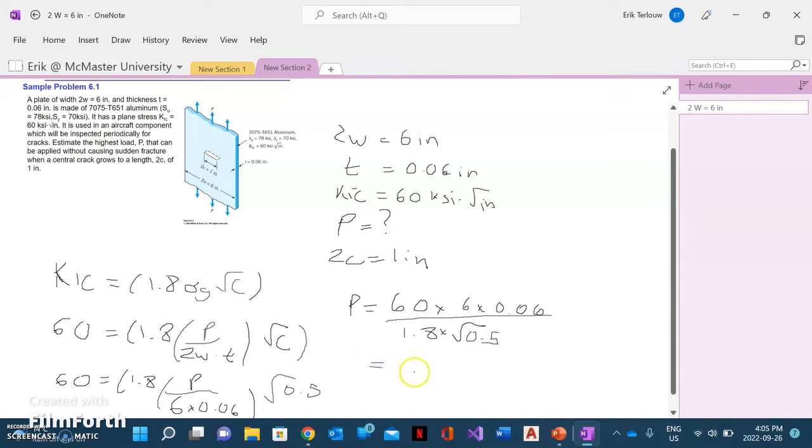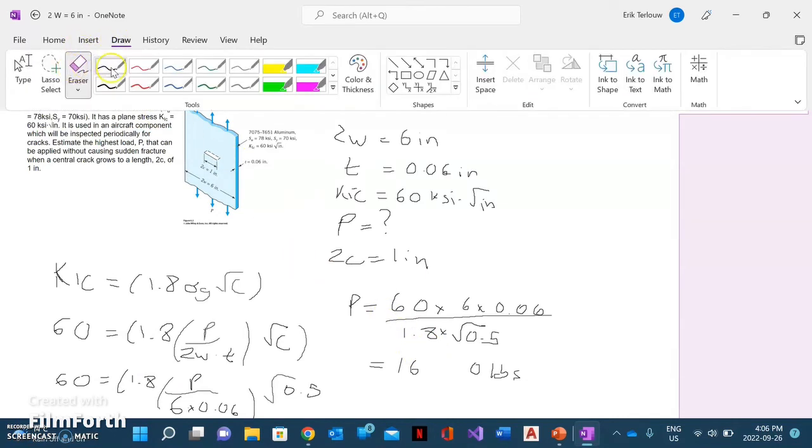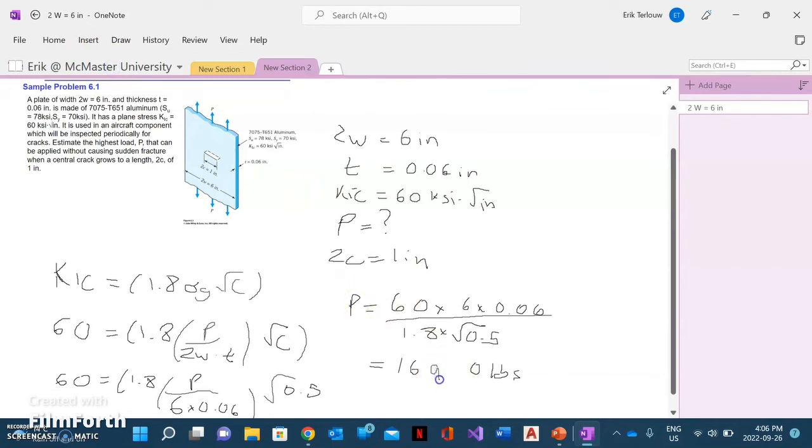Plug that in your calculator and you should get around 16,790 pounds. Sorry, it's 16,970 pounds.